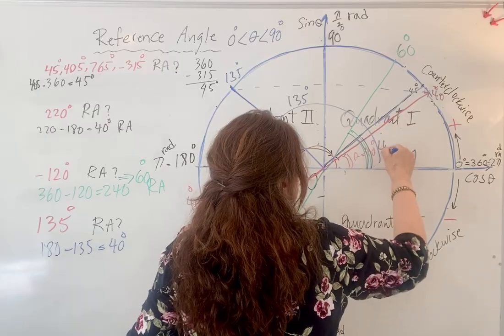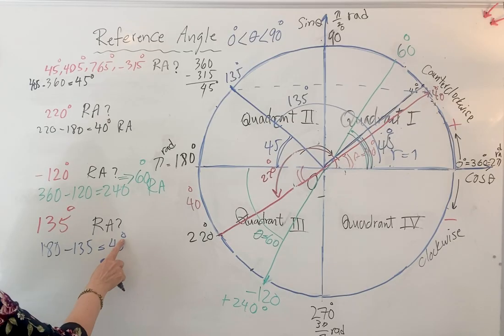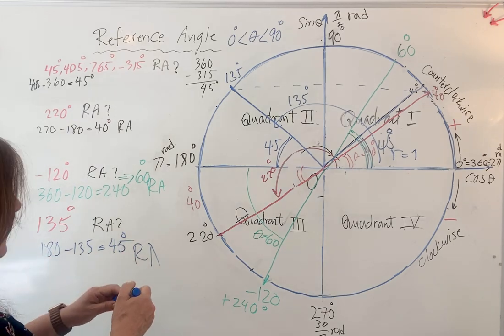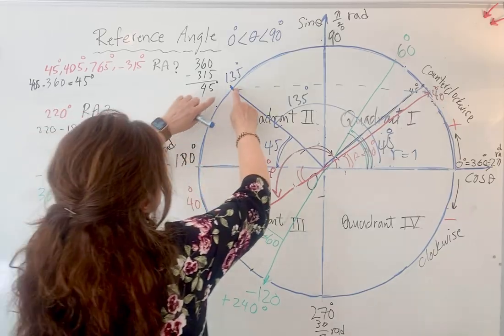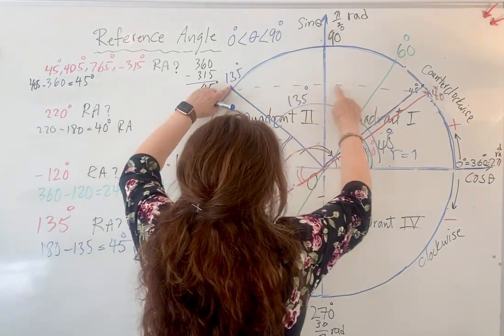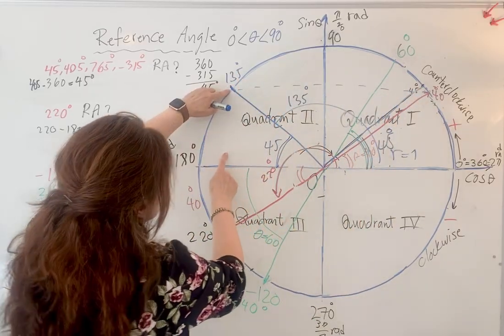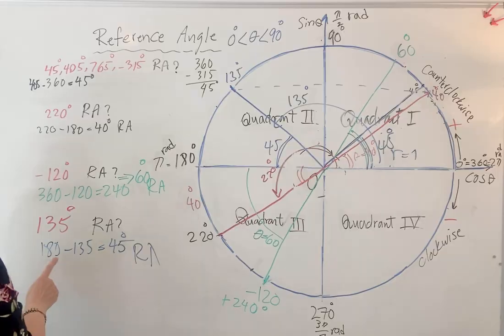So the reference angle of 135 is 45 degrees because the difference of these two is 45. Or you can find this one too. You can find some angle equal to this one, 45. Or you can find the angle of this one here, 45. So the reference angle for 135 is 45 degrees.